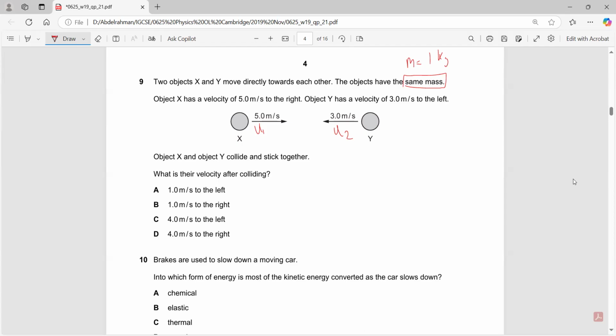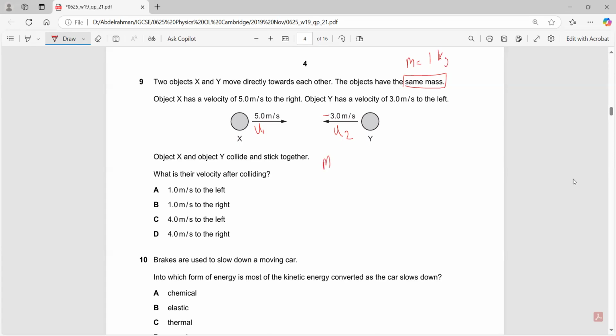You have object X and object Y, both of them moving in opposite directions. So if X has a velocity of 5 meters per second, then Y has a velocity of negative 3 meters per second. After they collide together, we will add both masses.